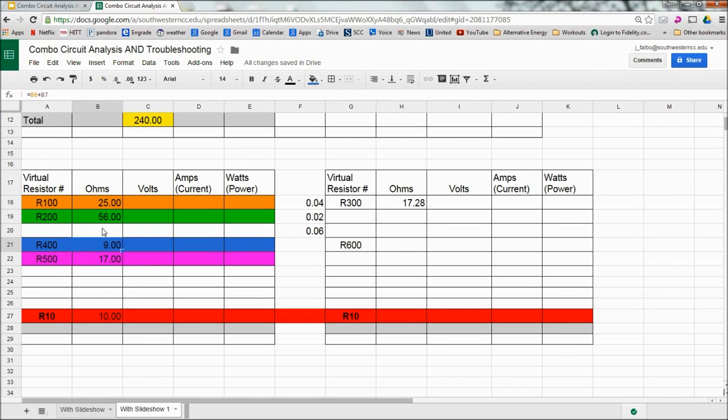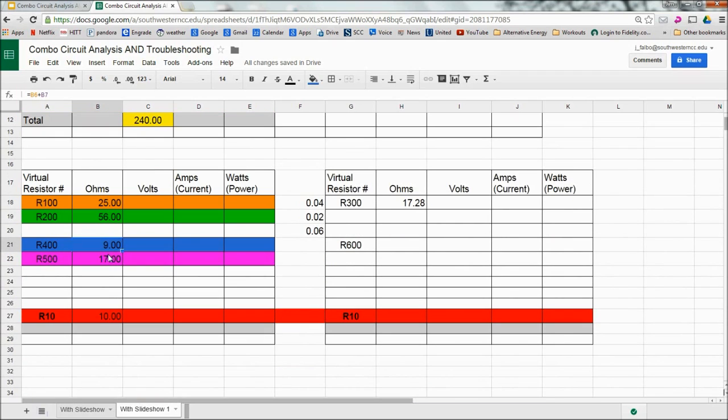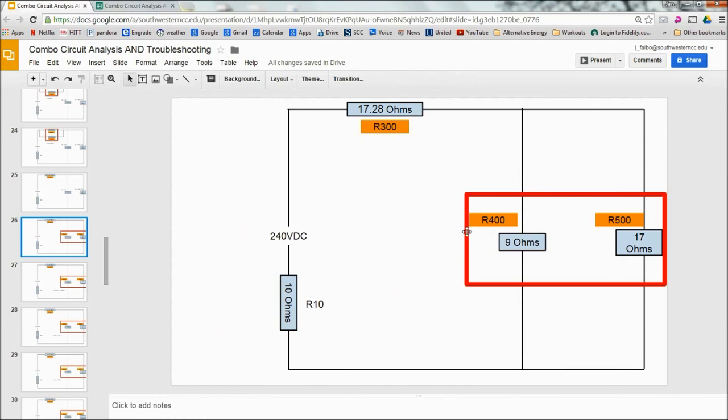We just added those guys up in series, remember, and came up with a virtual resistance value. But we didn't quite have the circuit reduced down to just a series circuit. So now we have to treat this parallel branch the same way we treated the one up here.